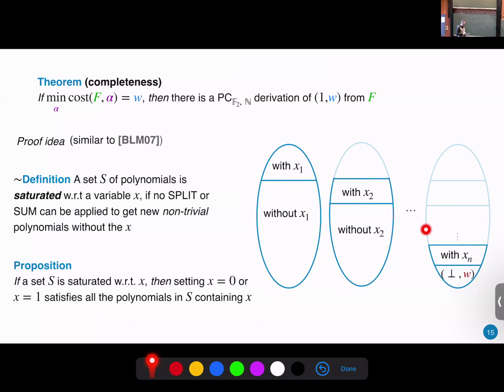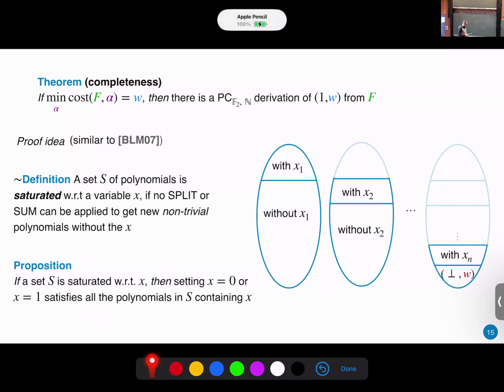Eventually we arrive at a set that has this kind of onion shape, and we derive the false with some weight. Now the property of saturation makes it possible to extend these to satisfy all the polynomials with xn, then xn minus 1, and so on. So eventually, everything that is here, apart from the false, because of the saturation, will be satisfied.